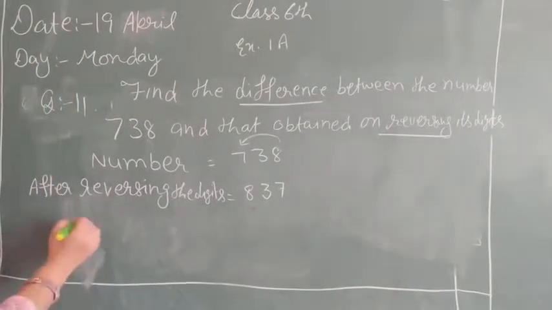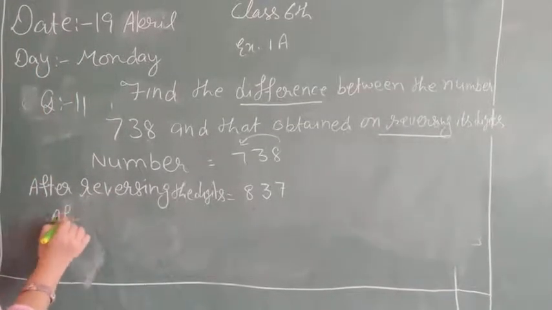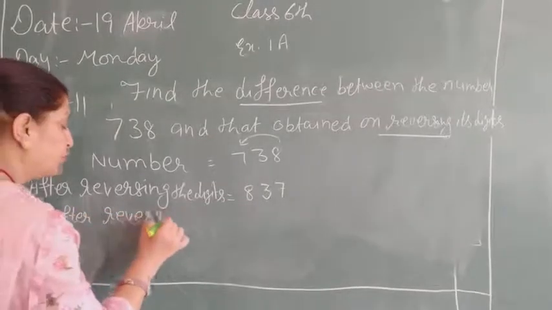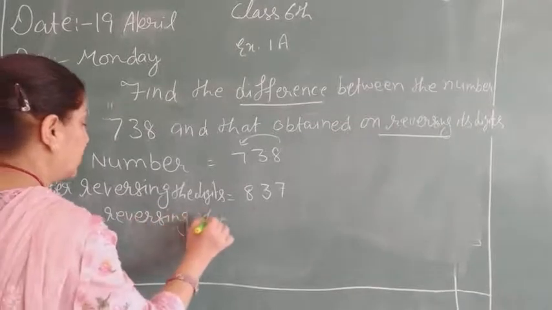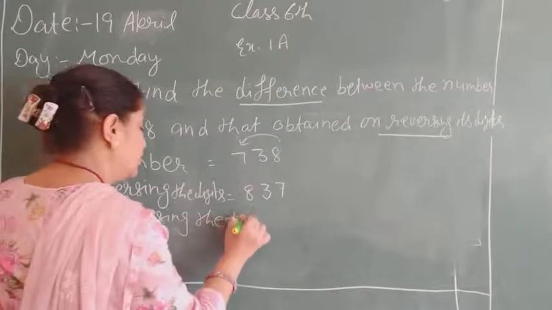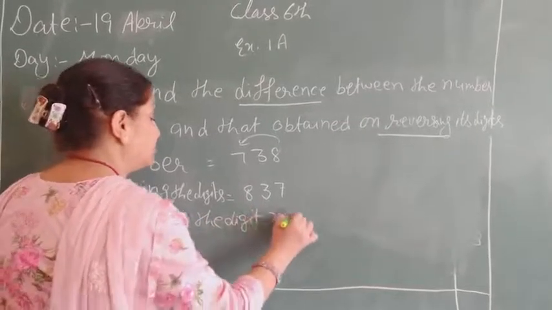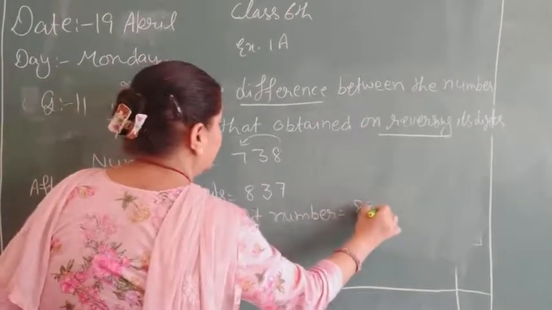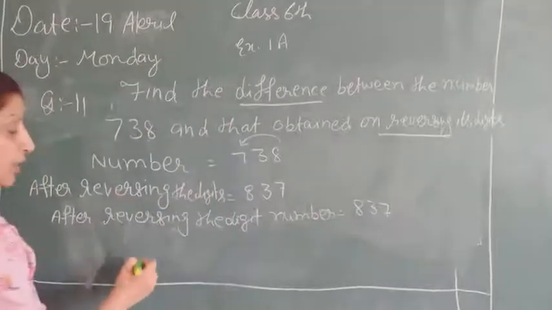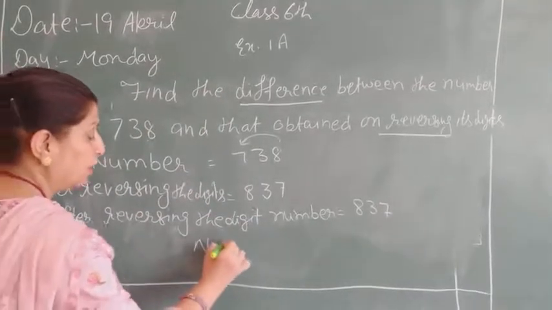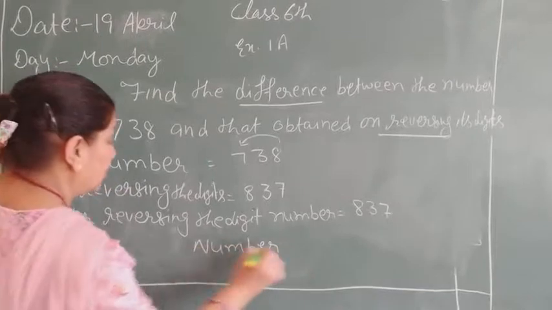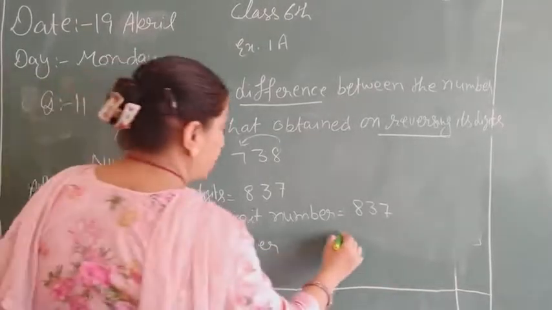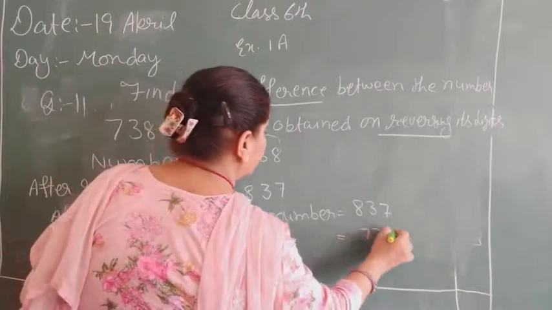So our greatest number is the number after reversing the digits, equal to 837. And the original number is the given number, equal to 738.